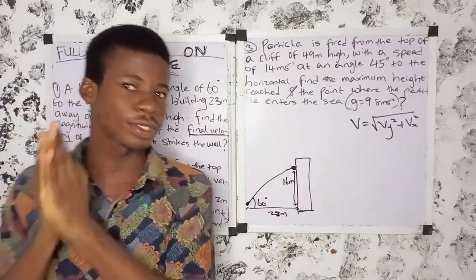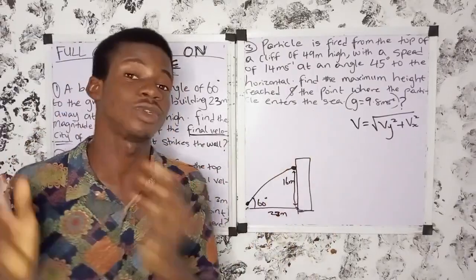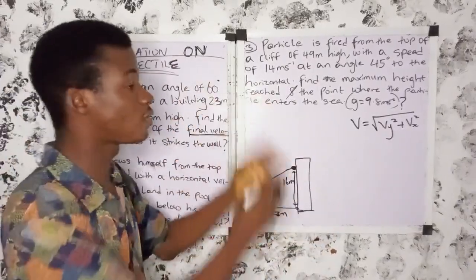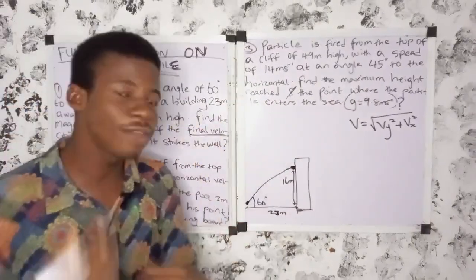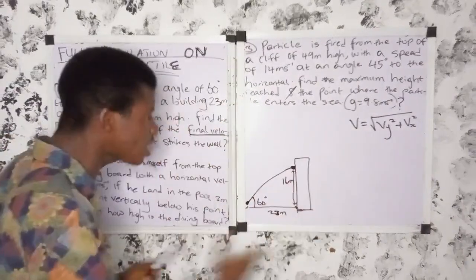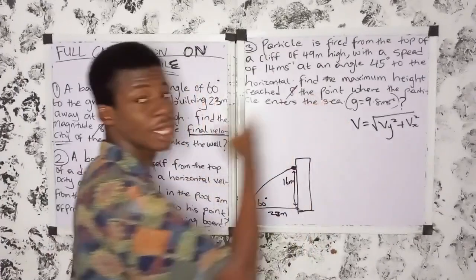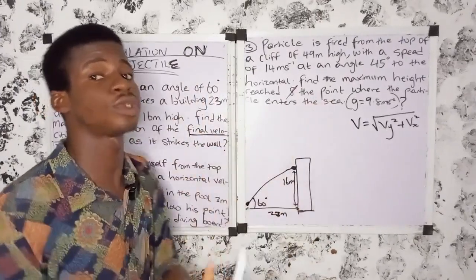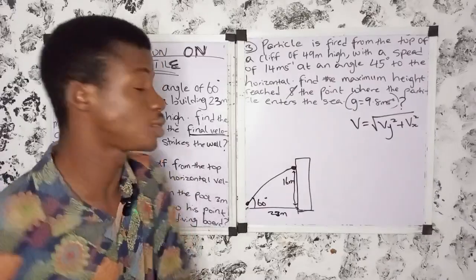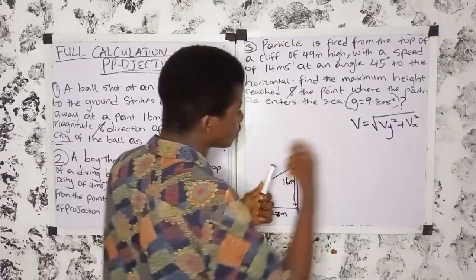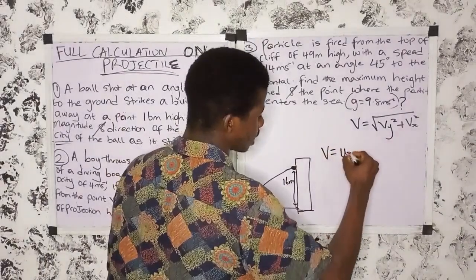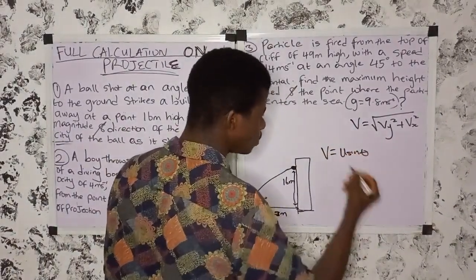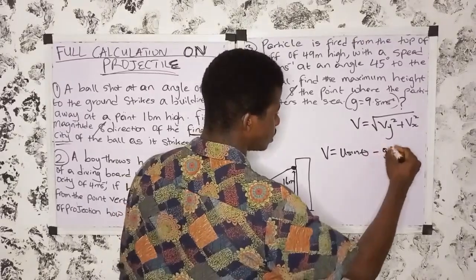Now remember, in the previous class, I derived certain equations that we can use to solve all these questions. Let me give you the equations. I gave you some equations on the vertical motion and also equations on horizontal motion. These are the equations on vertical motion. V equals U sine theta minus GT.